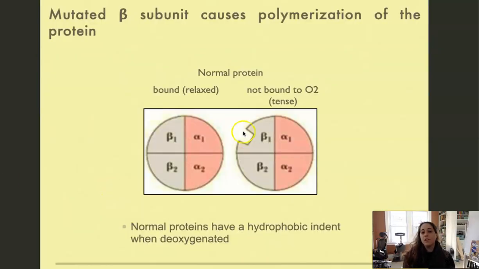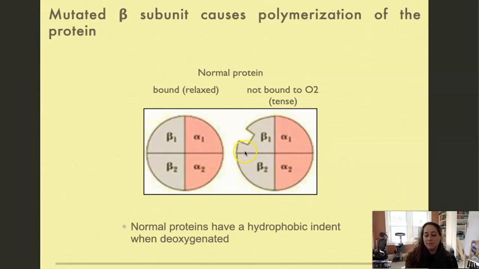In addition, you see that when the beta subunit 1 is not bound, it is in the tense conformation, so it's not bound to oxygen, it has this little pocket, it has this little indentation, and this is actually a hydrophobic indentation. What do we mean by that?